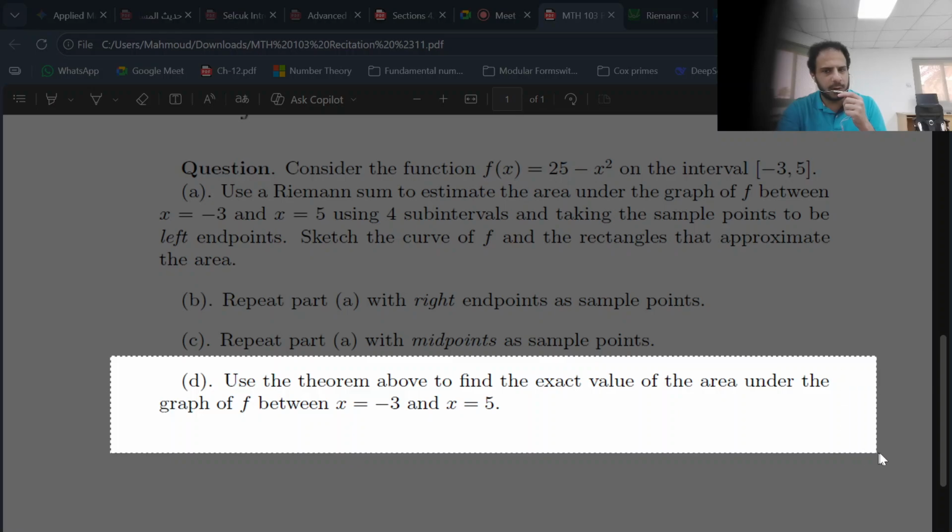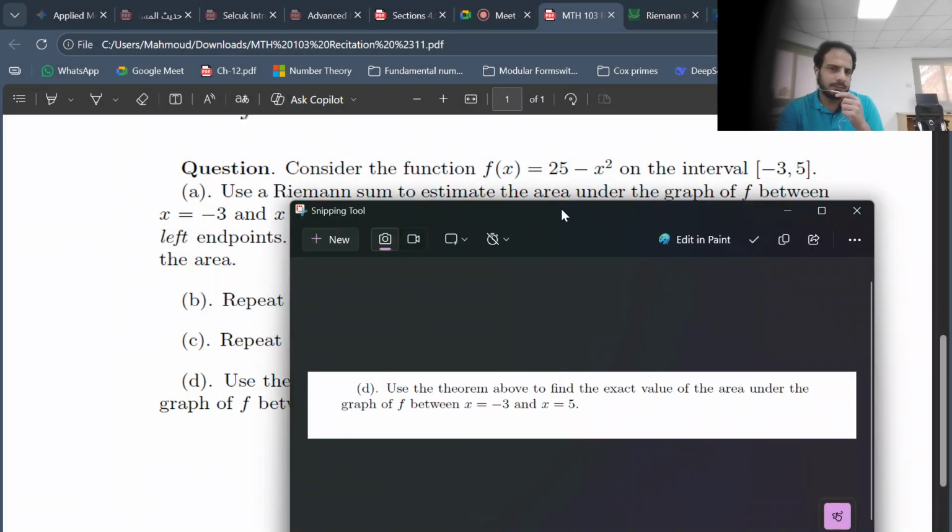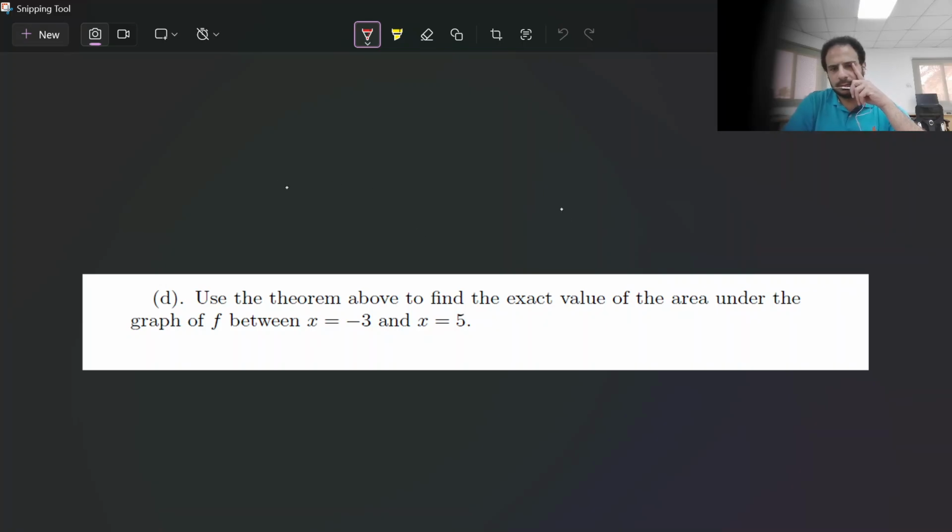So for part D, which sum do you want to use?